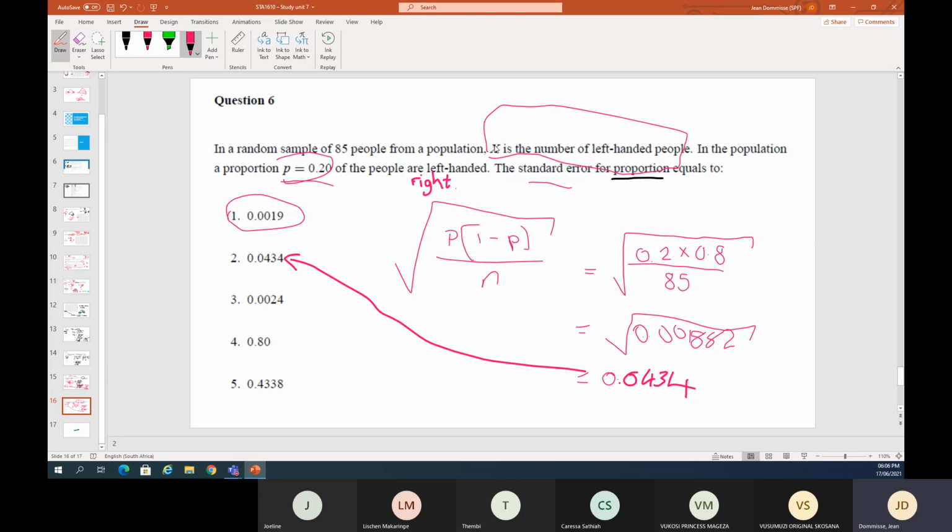They tell you that X is the number of left-handed people in the population, with a proportion of 0.2. So what if I asked you, what is the standard error for proportion for right-handed? What would you have said?